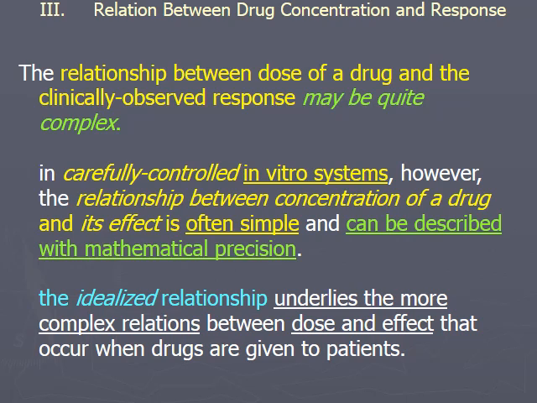And oftentimes these idealistic relationships actually do translate into the in vivo model. But realize sometimes there's a disconnect because there are complex things that can happen in an animal model that might not be concordant with what you see in vitro. But nevertheless, we start here.